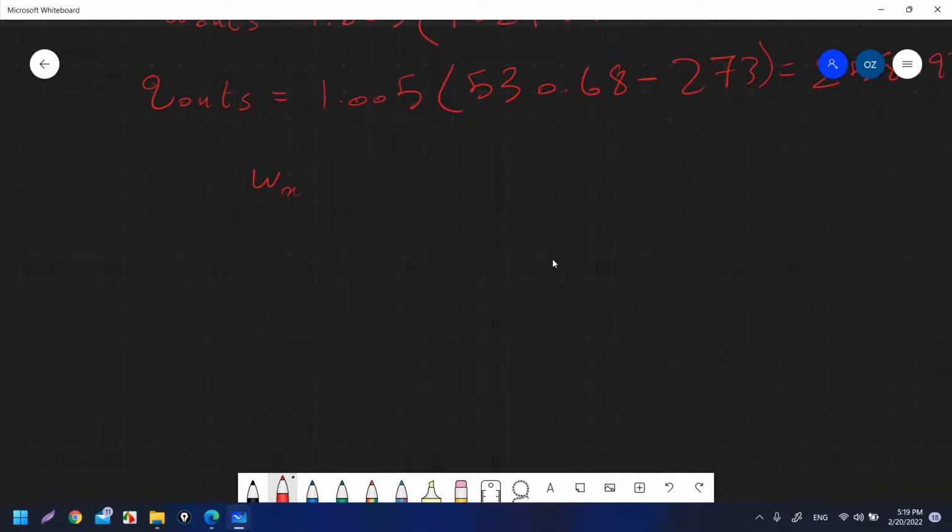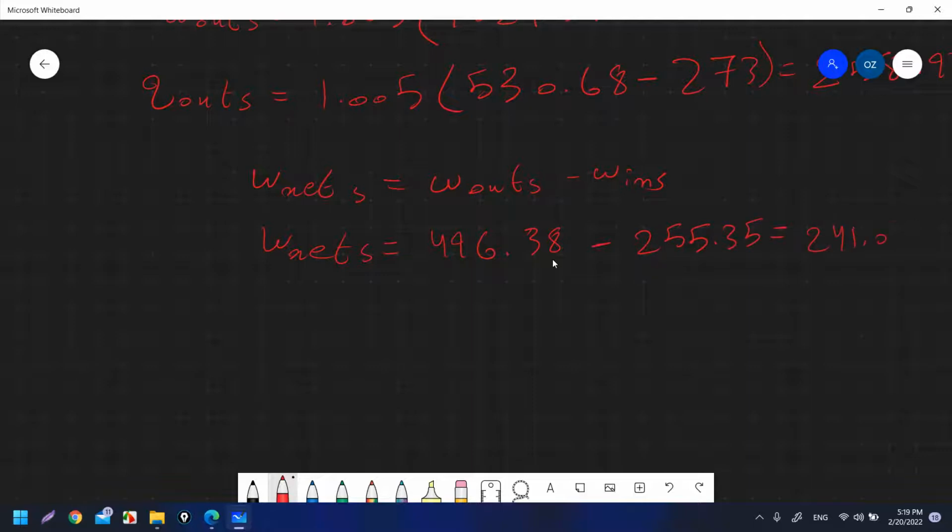So W net S, using the first equation, which is W out S minus Wn S. So W net S will equal W out S, which is 496.38, minus Wn of the compressor, 255.35, and this will give you 241.03 kilojoule per kilogram.